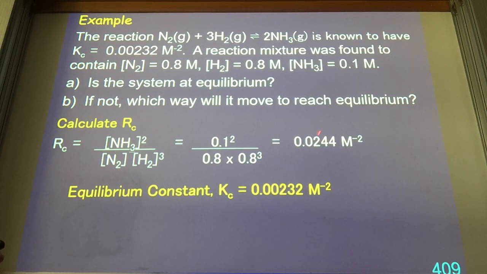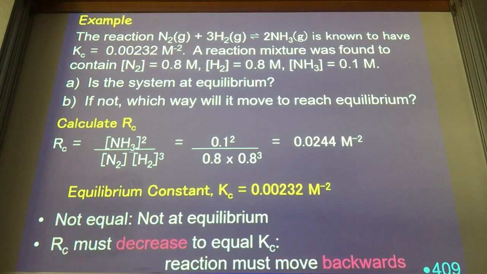We get a different value here than the equilibrium constant. So the system's not at equilibrium. Now we look at this value, is it greater or less than the equilibrium constant? Of course it is greater than the equilibrium constant. That means we've got too much ammonia. We need to get rid of some of that for it to reach equilibrium. The reaction will go to the left, go backwards.